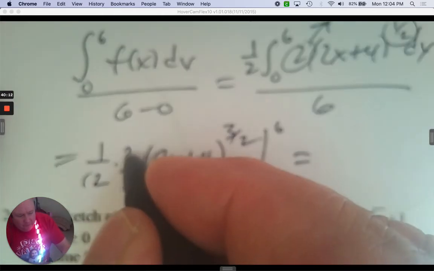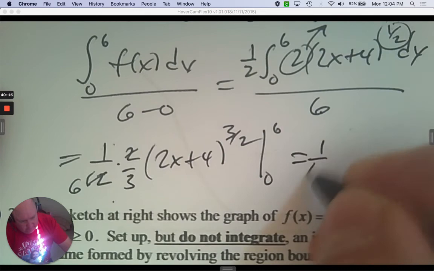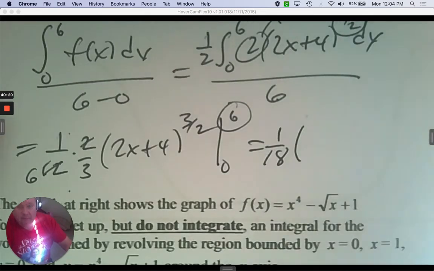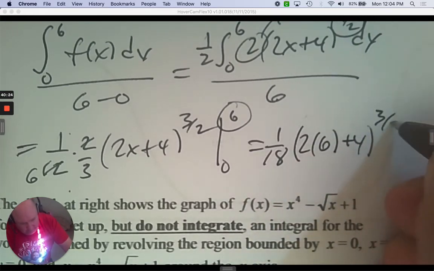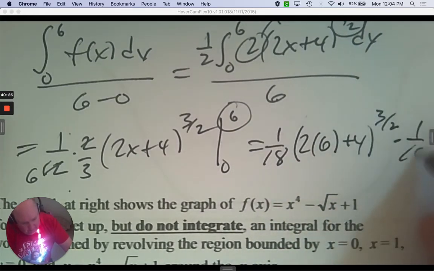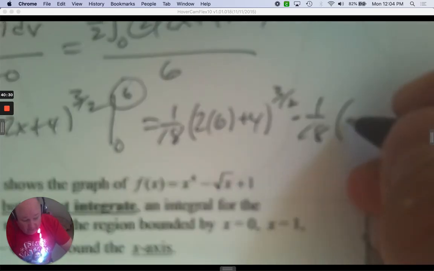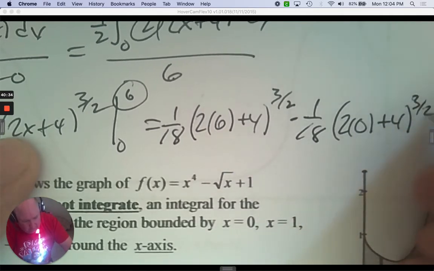So this reduces down to 1 over 18. And then I'm going to plug in 6 first. Don't be complicated. Just plug in 6 and don't simplify it. And then subtract and plug in 0. Now 0 does not give you the answer 0, so you still have to actually do the work. And there it is.